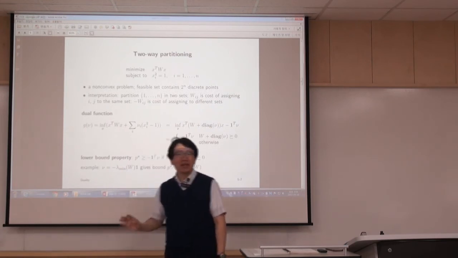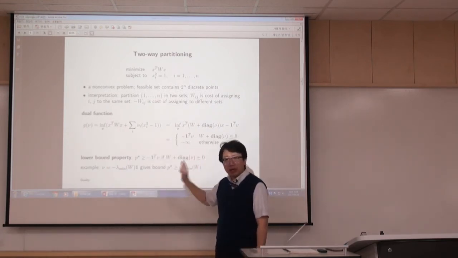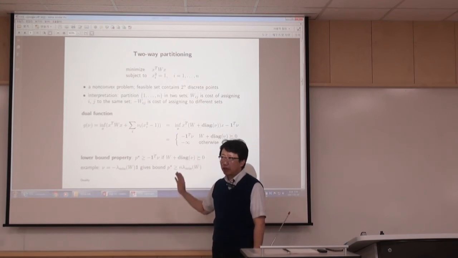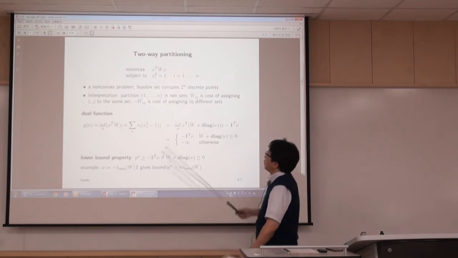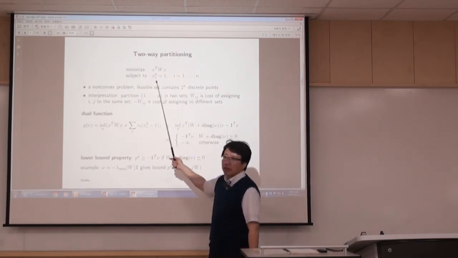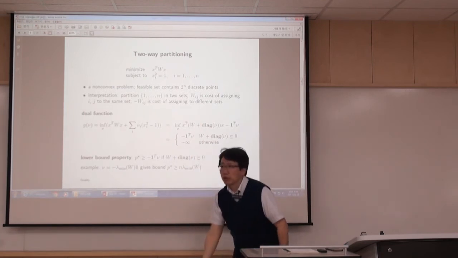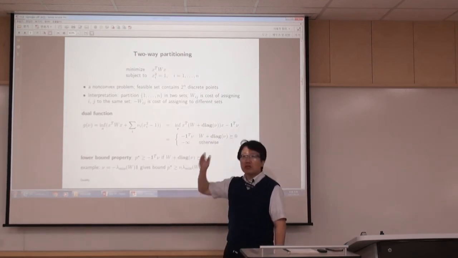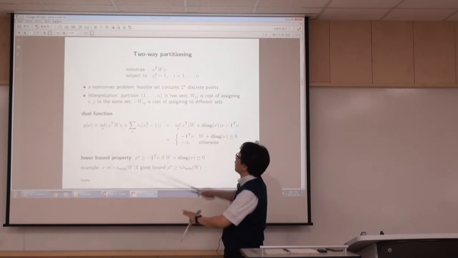But anyway, this duality can be applied to the discrete optimization problem. Now, you want to find a vector x consisting of 1 and minus 1, such that it minimizes its value.